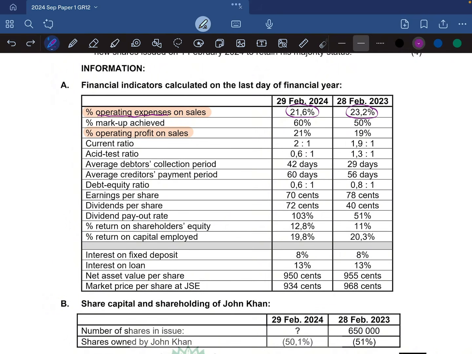So let's get to understand the ratio and what it means to us. Our operating expenses last year were 23.2 of our sales amount, but this year they are only 21.6, which means now our expenses are of a lower portion of our sales.